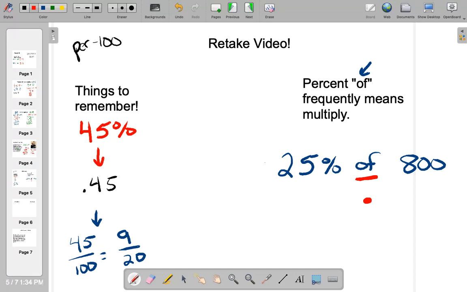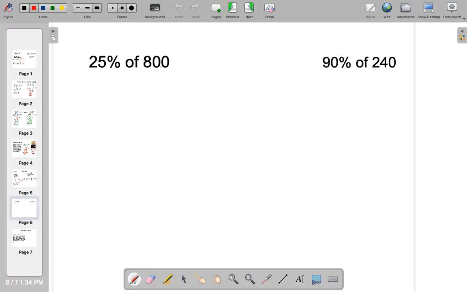The best way to do that is to either convert it into a decimal or you can convert it into a fraction. Most of my students will do decimals for most of the percent conversions, unless the numbers are very clean. In that case, a fraction would be fine, which we're going to now do this problem, 25% of 800.